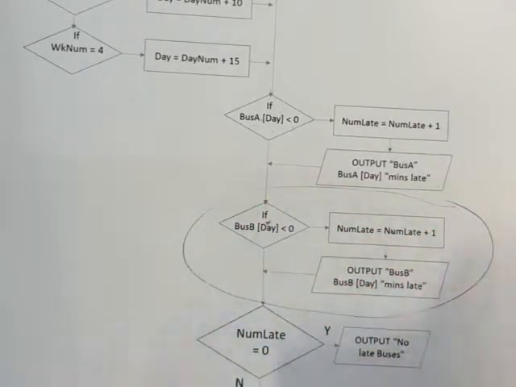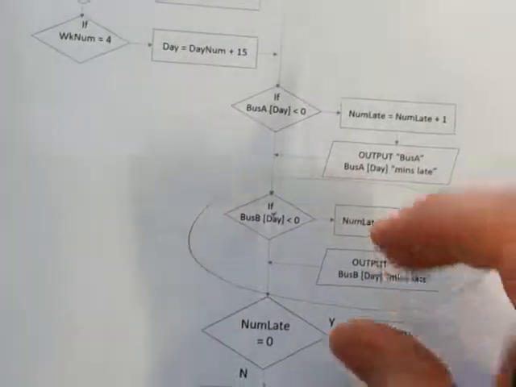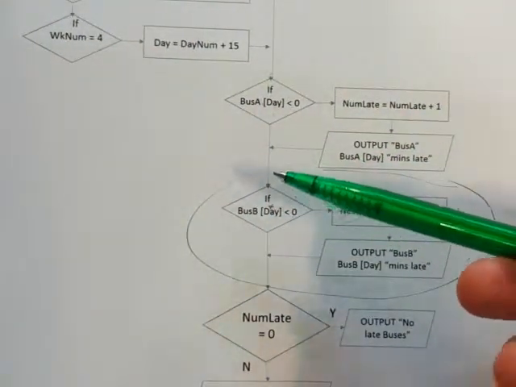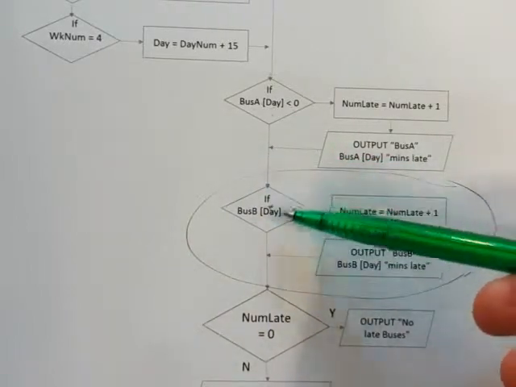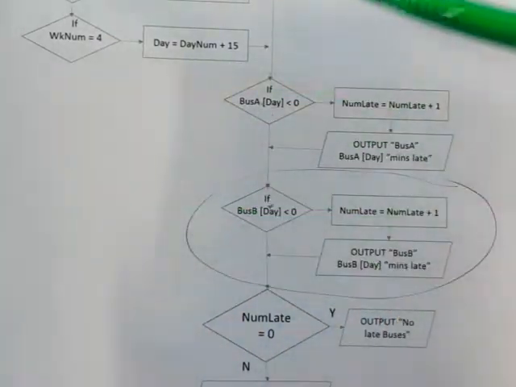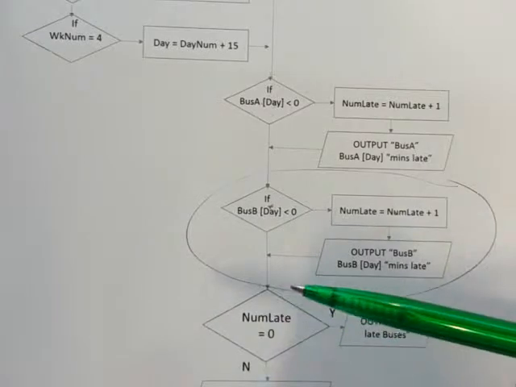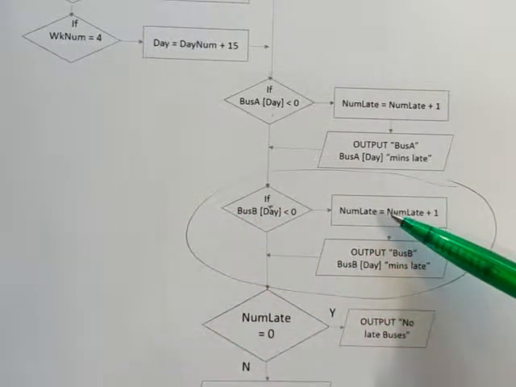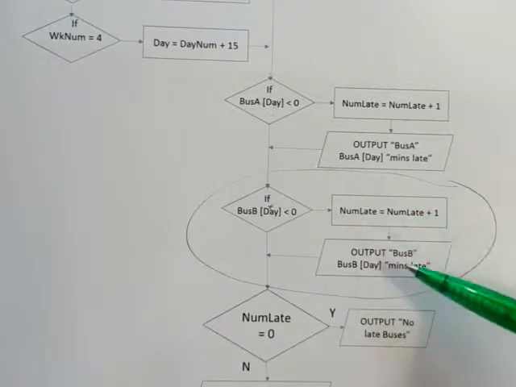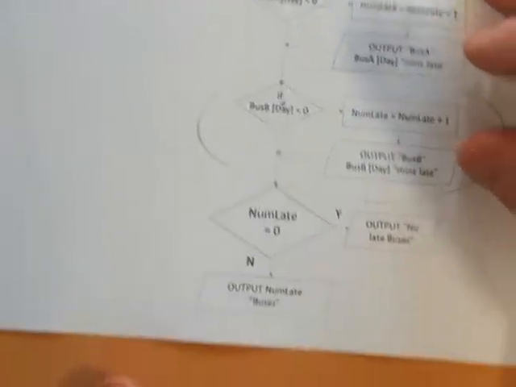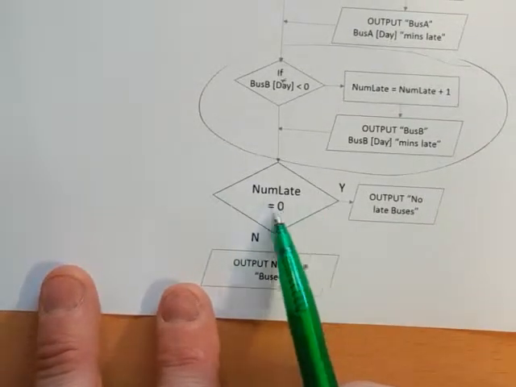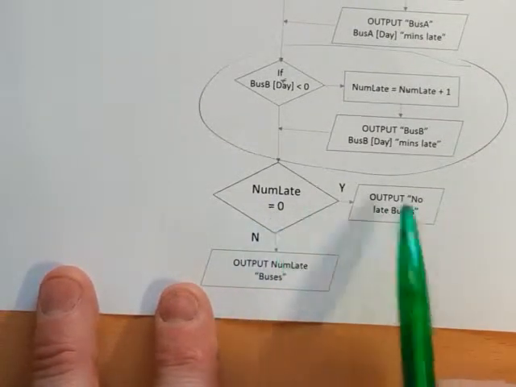And again, you'd need to explain that here if you would, because you're going to run out of space, but you can quite easily say, look, this code would be repeated for bus C, D, E, F. We're going to check the position of the day, we're going to add 1 to num lates if it's late, and then we're going to output a message. Okay. Now, if we get down here and num late is 0, then we need to output a message.